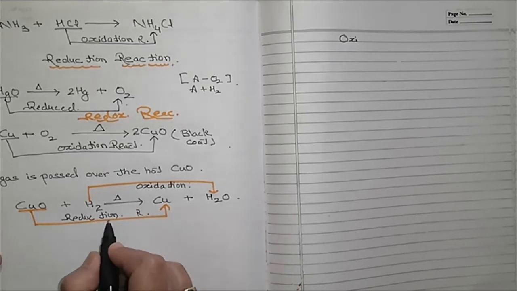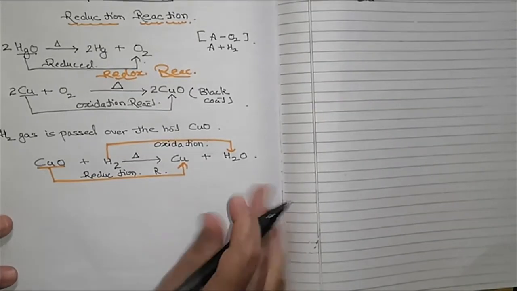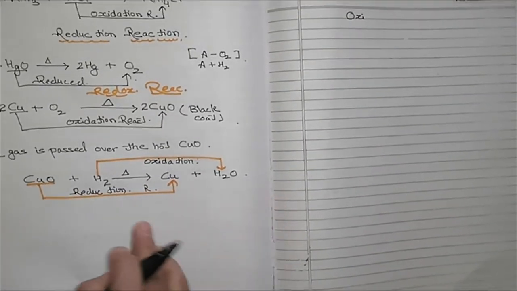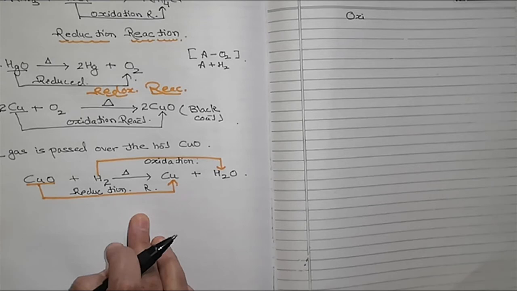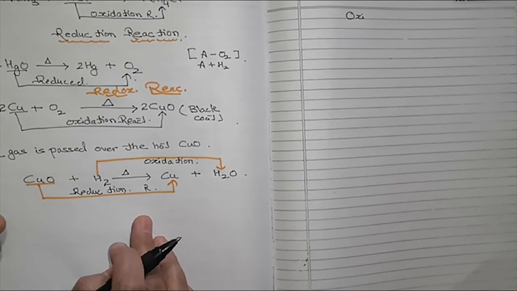Clear? So when we see this reaction, we can see that if a substance gains oxygen during the reaction, it is said to be oxidized, isn't it? And when a substance loses oxygen during the reaction, it is said to be reduced. So in this reaction, hydrogen is being oxidized.